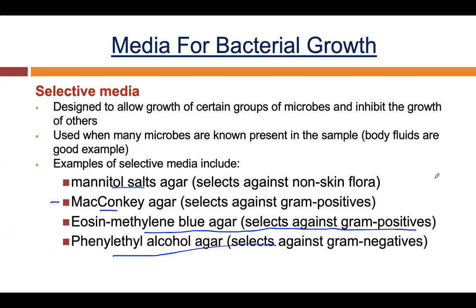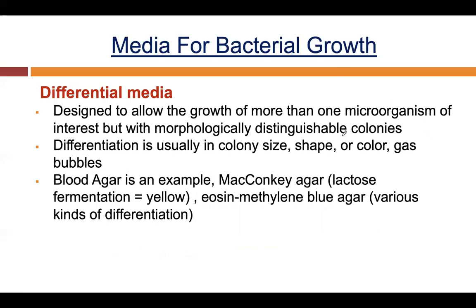You can also differentiate. With differential media, you can differentiate based on the color, shape, or size of the colony, mostly the color, like on an EMB plate. As I told you, EMB is both selective media and differential media.